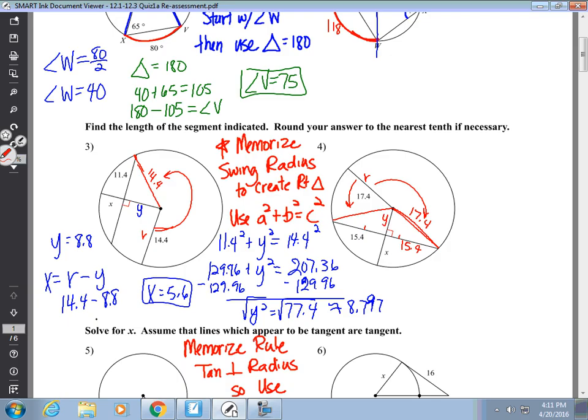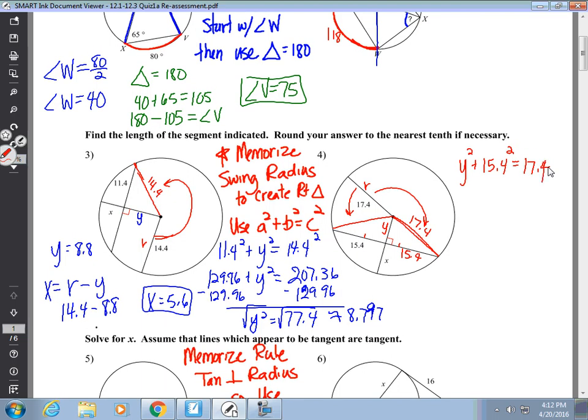So here, we're going to do y squared plus 15.4 squared equals 17.4 squared. Do Pythagorean theorem, and you are going to have to end up subtracting to get the x. First find your y, then find your x.